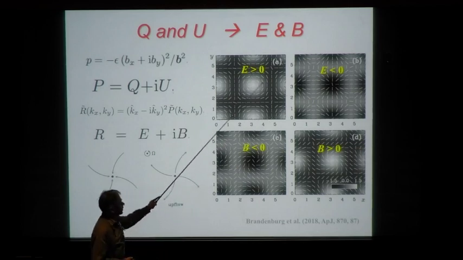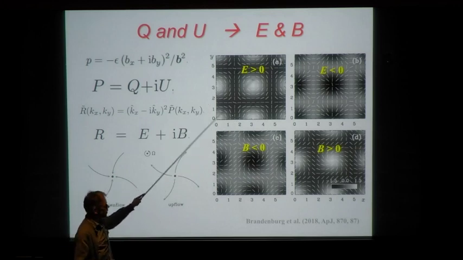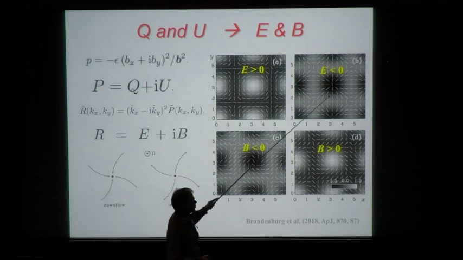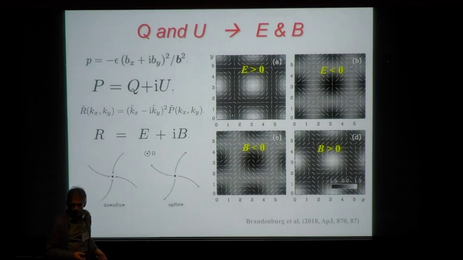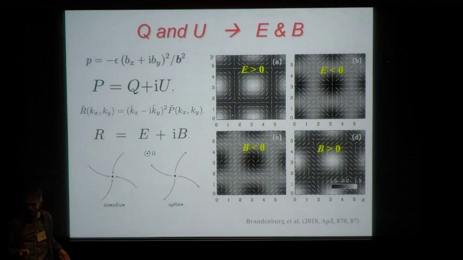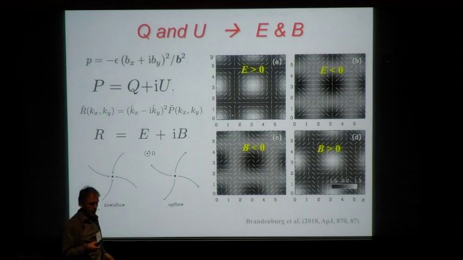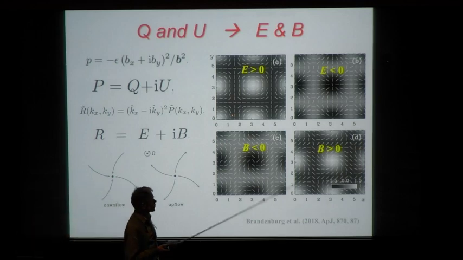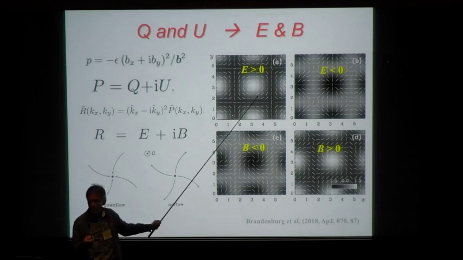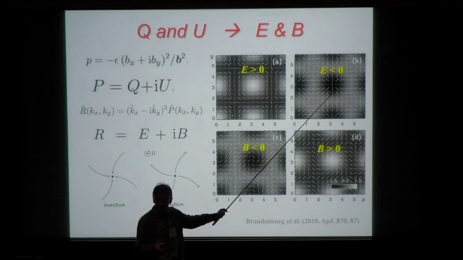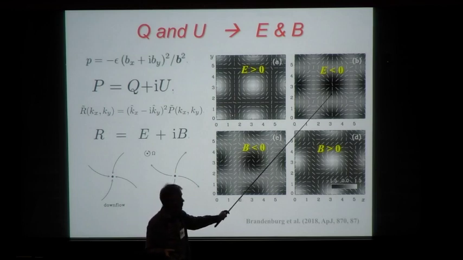In one case, they look like an O, and in the other case, they look like a cross or a plus sign. These are two very different realizations of an E-mode, and what is interesting here is that if you were to look at this image in a mirror, it would look the same. If you look at this image in a mirror, it would also look the same.